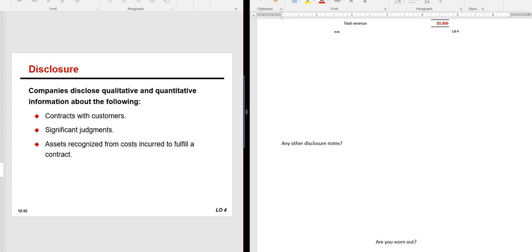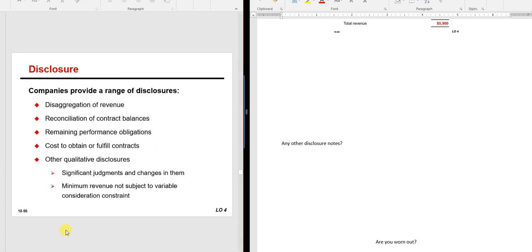Let's see, what do you have to disclose? You have to disclose some contracts with customers. You have to disclose those significant judgments you're making about collectability, etc. Any contract assets, those types of things. A full range of disclosures. Some reconciliations, some remaining balances of performance obligations.